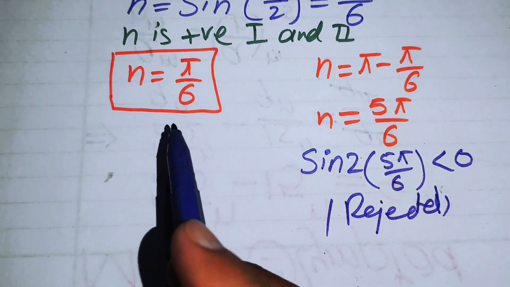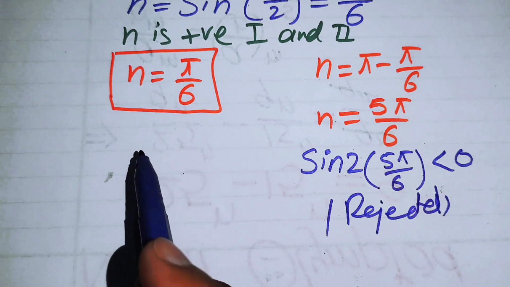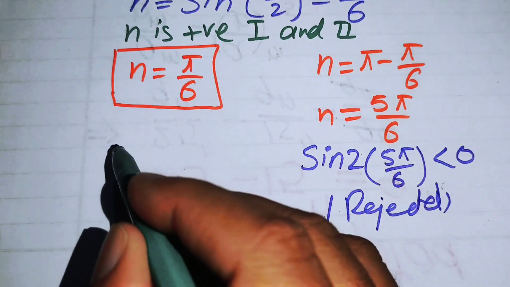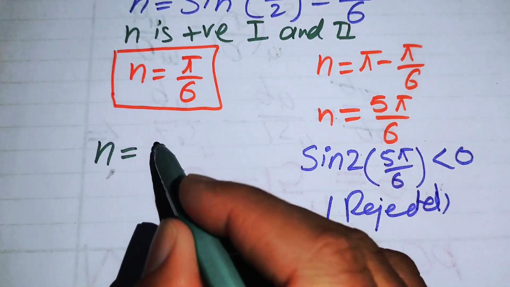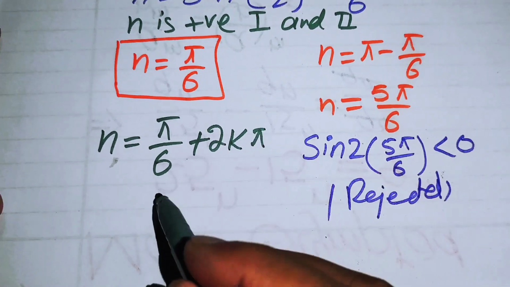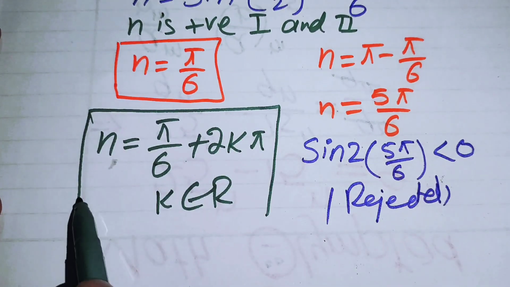For n equals pi by 6, all of the sides of the triangle give non-zero positive values. So we finally write this angle in general form, which is pi by 6 plus 2k pi, where k belongs to R. This is our final answer to this problem.